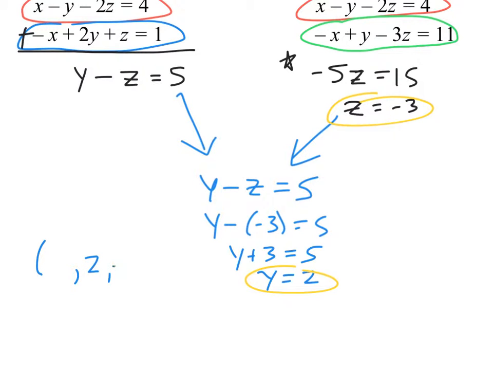So 2, -3, and I just choose any of my original equations to write this down. Since I can see the -x plus 2y plus z equals 1, that's what I'm going to use because I can't see other ones on my screen.